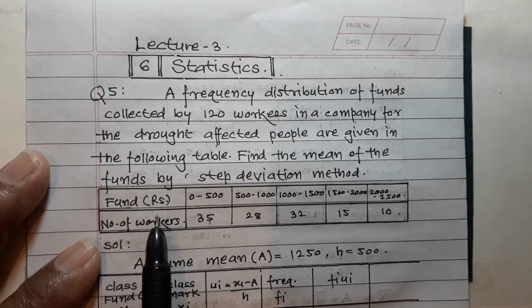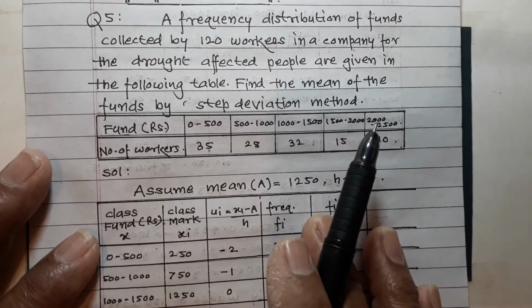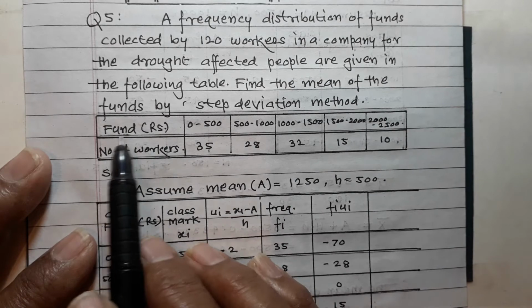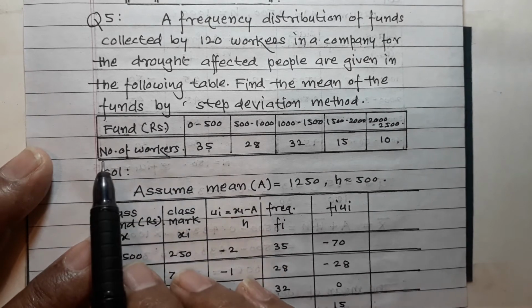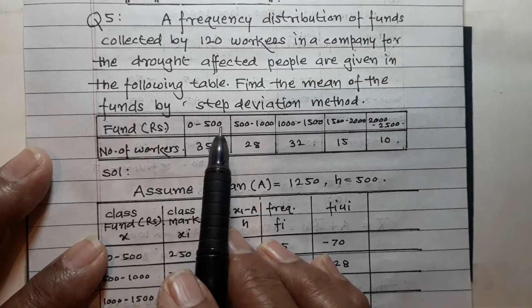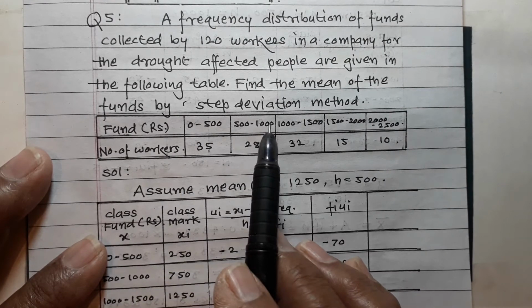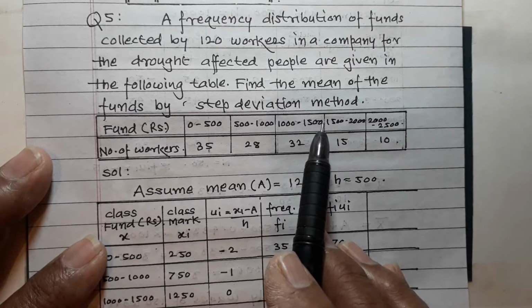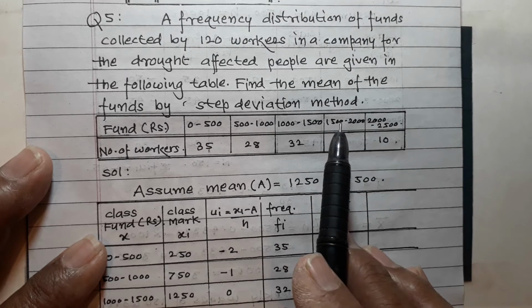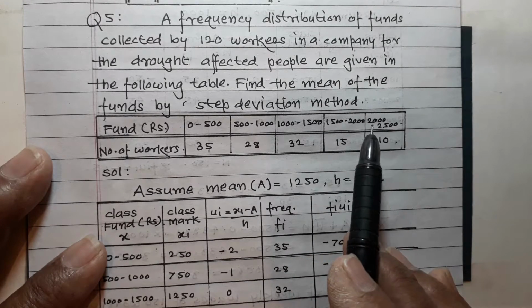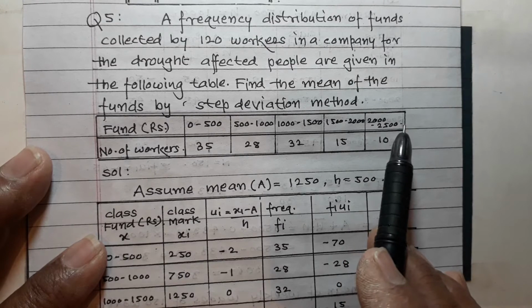Try to understand. Now here the frequency distribution table is given. Fund in rupees, number of workers: 0 to 500, 500 to 1000, 1000 to 1500, 1500 to 2000 and 2000 to 2500.